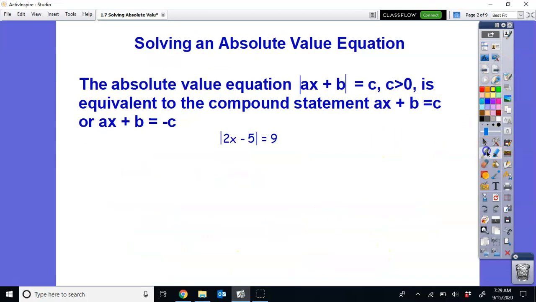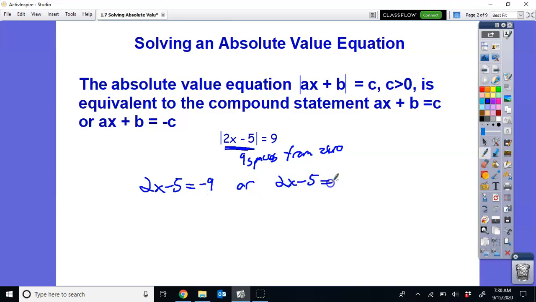So even when it gets to be something that looks like this guy right here, the absolute value of 2x minus 5 equals 9. That means the distance that this stuff right here, and I'm going to be real mathematical here, in real math terms, this stuff is 9 spaces from 0. So if that is 9 spaces from 0, that means 2x minus 5 either has to be -9 or 2x minus 5 has to be +9.